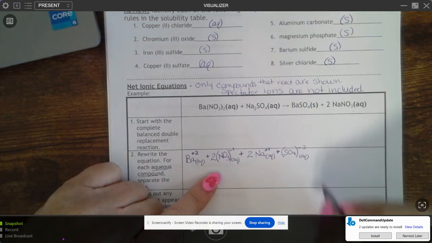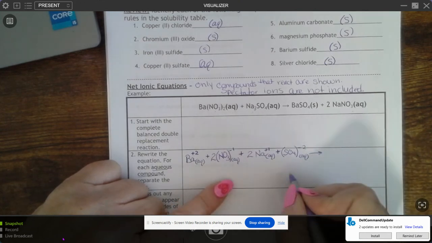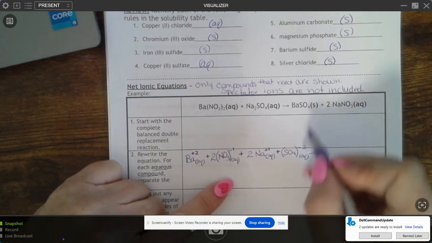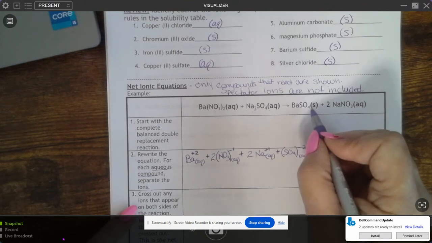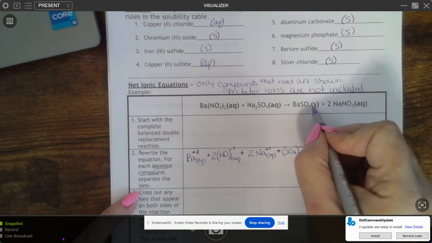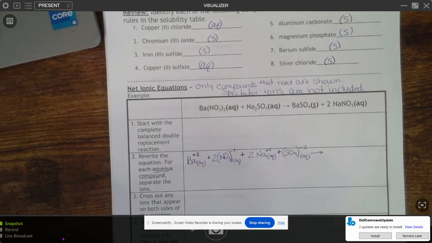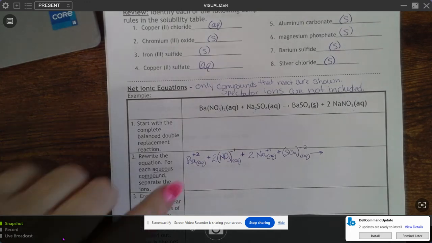Then we're going to go over here and we're going to have our products. I'm going to put those down below because I don't have enough room to write. When something is a solid, we do not separate it. Being insoluble means it can't break apart into the individual ions.